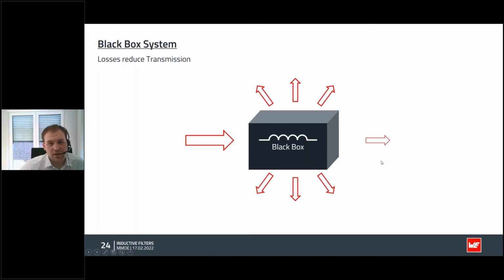But also keep in mind that beside this transmission and absorption of the energy, we will also have at least some kind of reflection at both edges of the part. So we have some impedance mismatch between the actual signal line and the SMD ferrite. So there will be at least some part of reflection of the signal here.